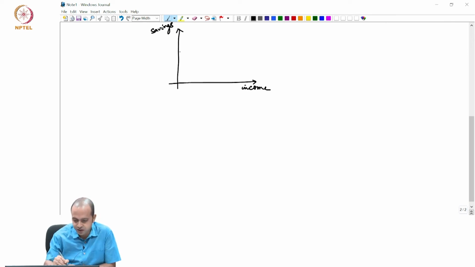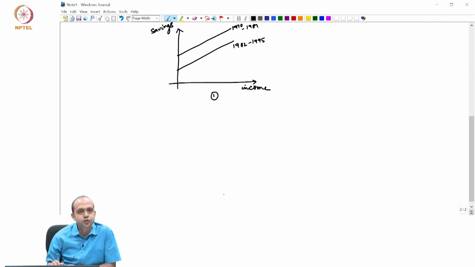So, this is, let us say, 1970 to 1981, and this is 1982 to 1995. This is case 1. In this case, post recession period, the slope is the same, but the intercept is different.